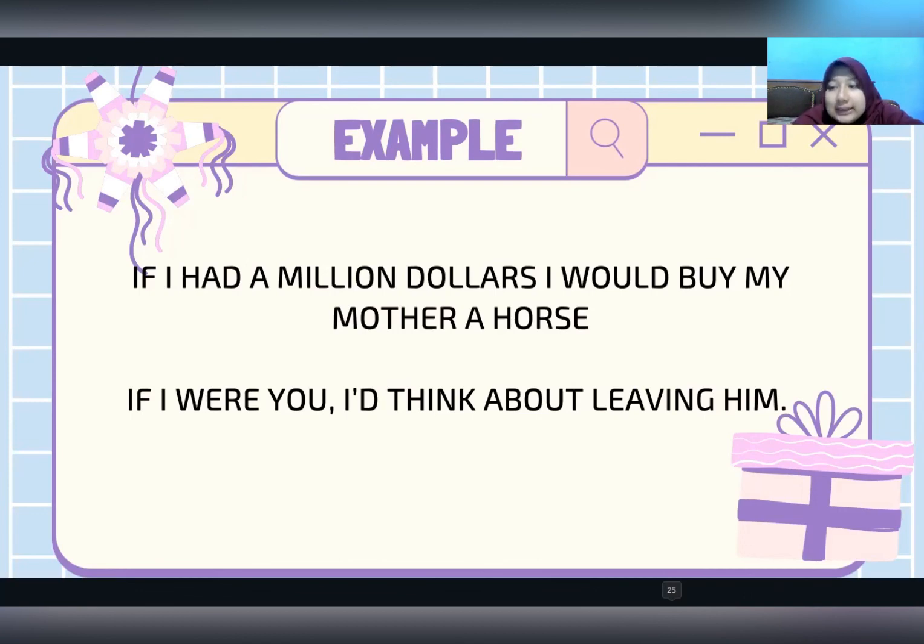Because the sentence imagines that the present situation is different, or expresses an impossible present condition. So this sentence includes conditional type 2.